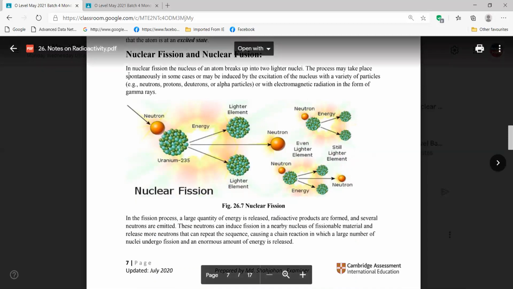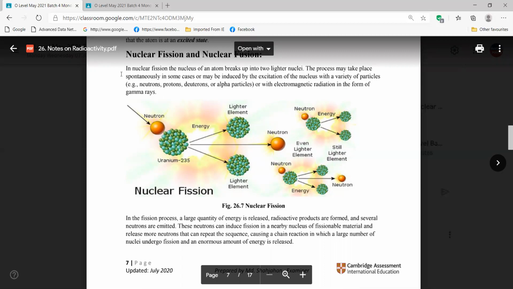Can you read this nuclear fission from here? In nuclear fission, the nucleus of an atom breaks up into two lighter nuclei.